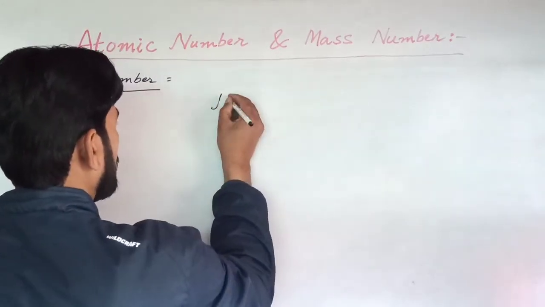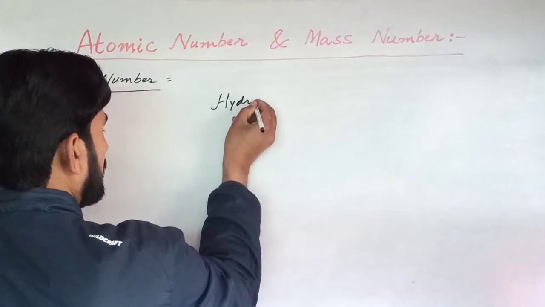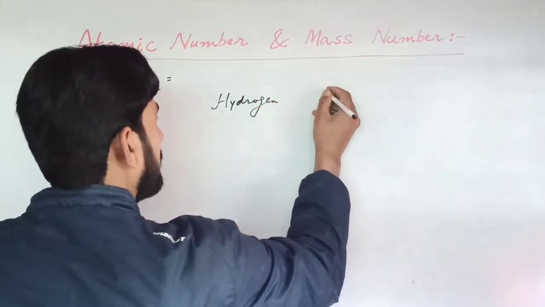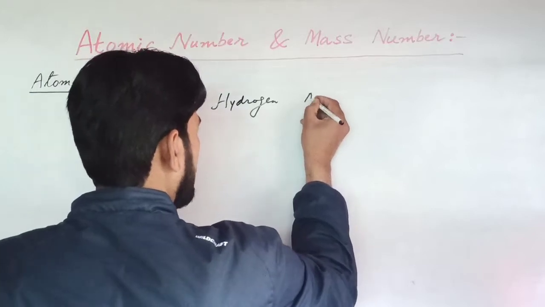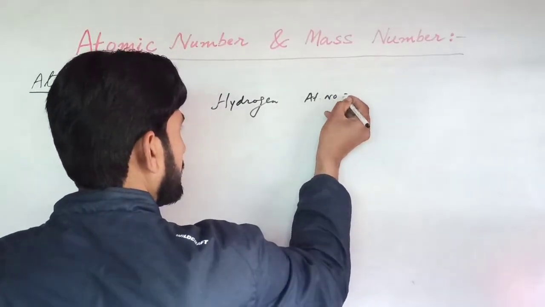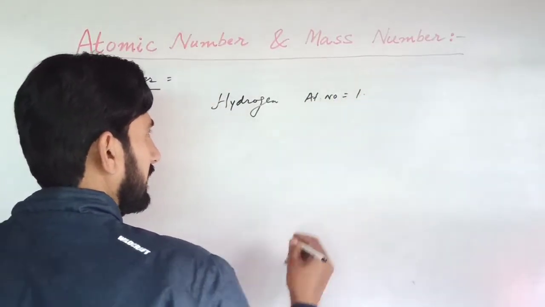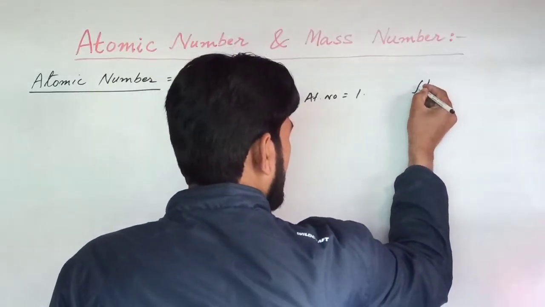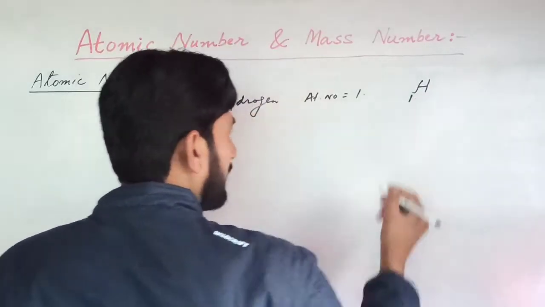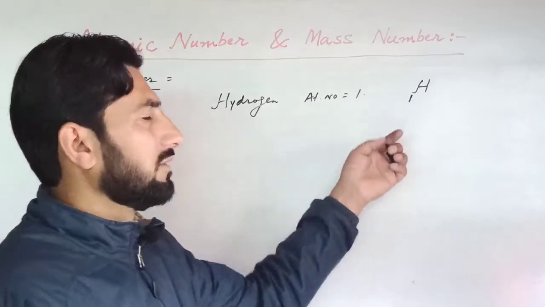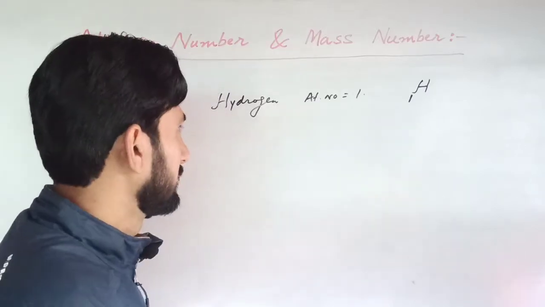For example, hydrogen atomic number is equal to 1. It is represented by the symbol H with 1 at the bottom of the symbol.